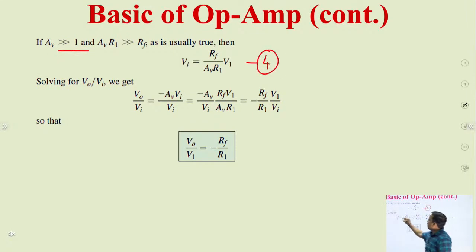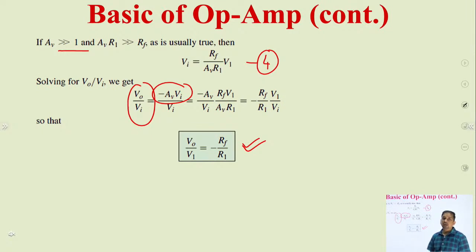Now we want to calculate the gain, or what is V0 by V1. We are already aware that V0 is minus AV times of VI, and with the help of this equation of the output and equation number 4, we just calculated the gain, and the gain of the operational amplifier in the inverting configuration is minus RF by R1.